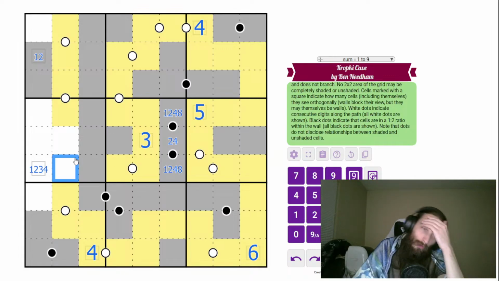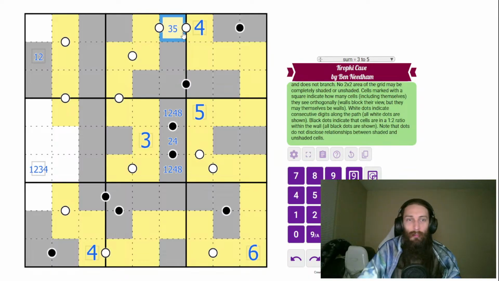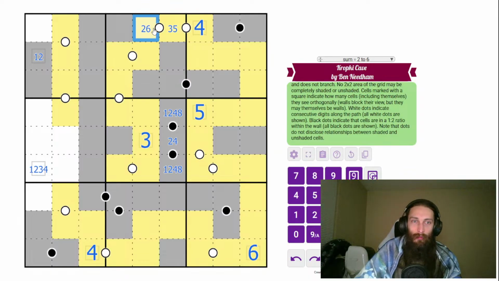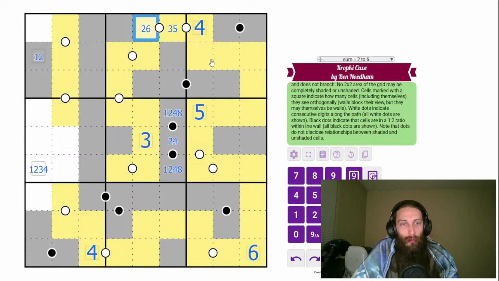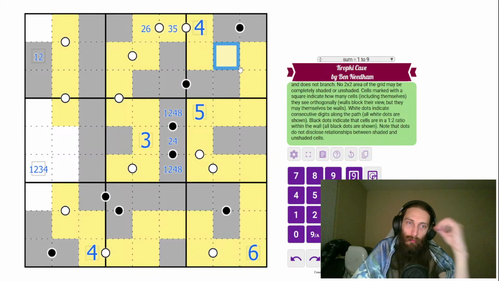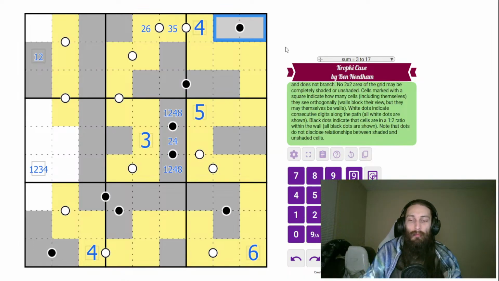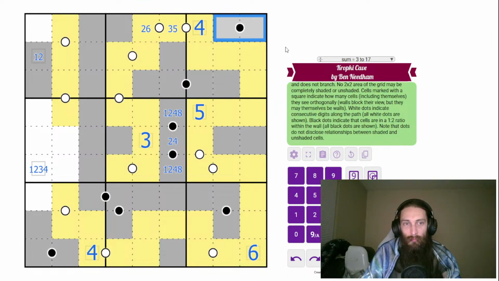Now we also do have the negative constraint for the kropki dots and such. Since this 4 goes to a chain, it could go down 4, 3, 2, or it could go up 4, 5, 6. Well, the black kropki dot to its right cannot be 4, 8, and it cannot be 3, 6, because the white kropki dots use a 3 or a 6.